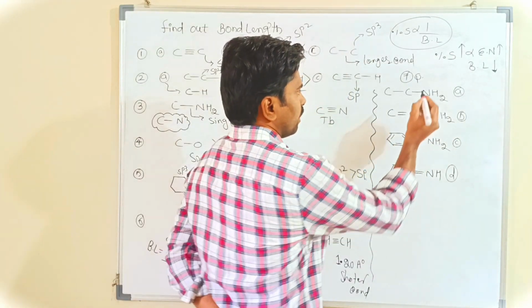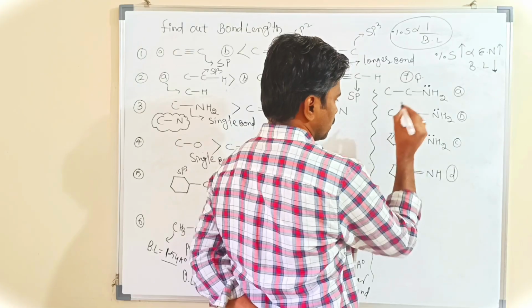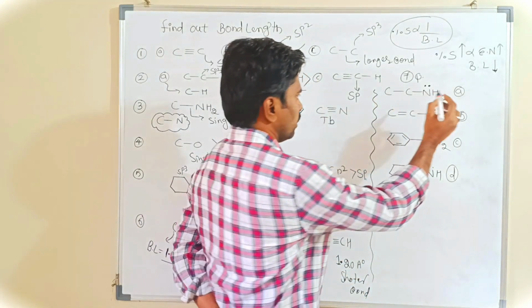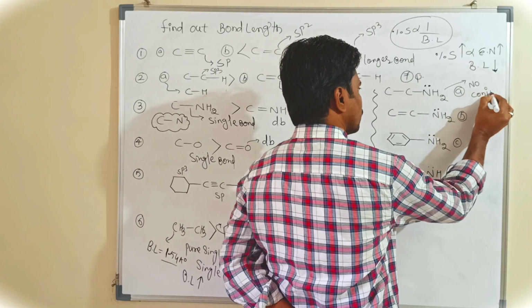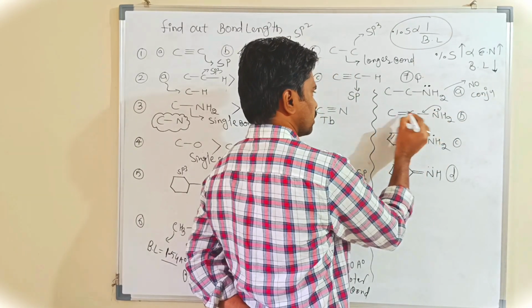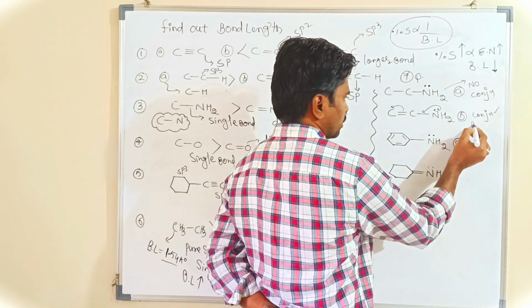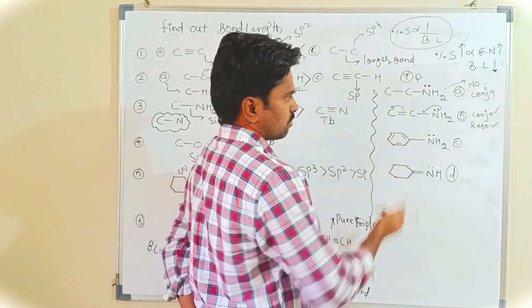Here a lone pair is present, here a lone pair is present, here a lone pair is present, here also a lone pair is present. We know very well there is no conjugation here, but here there is a conjugation: double, single, double. Conjugation is present and resonance is also present. So how many resonating structures will be formed?